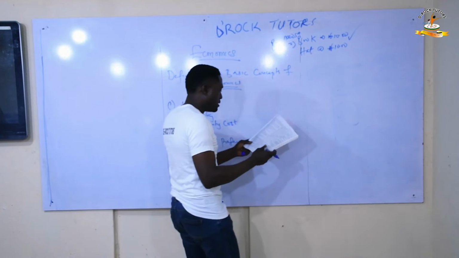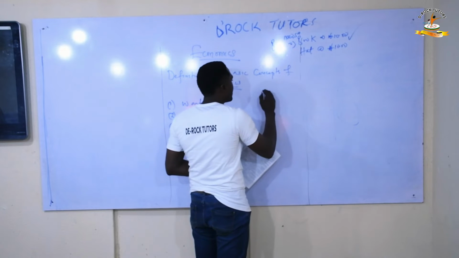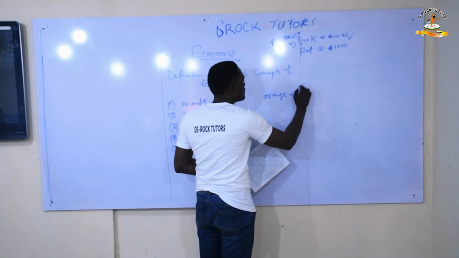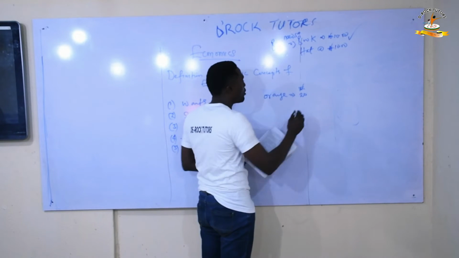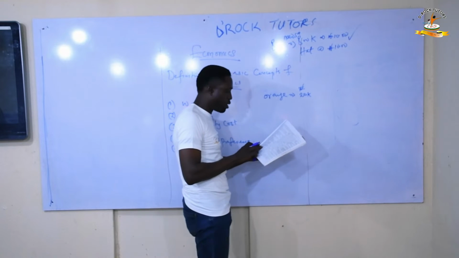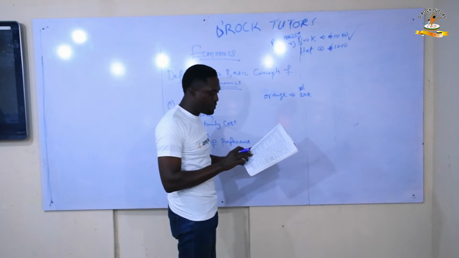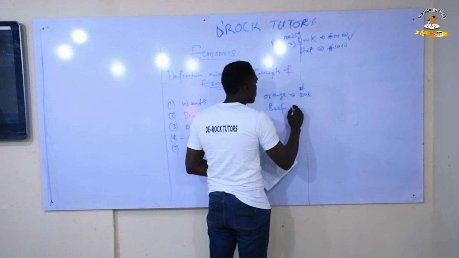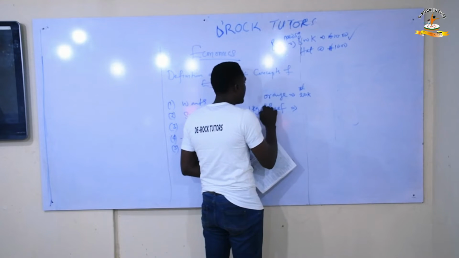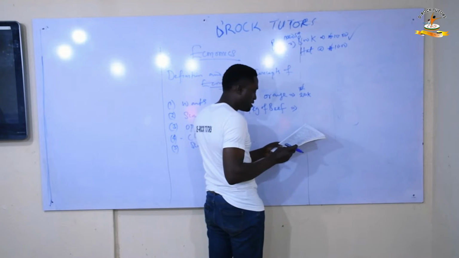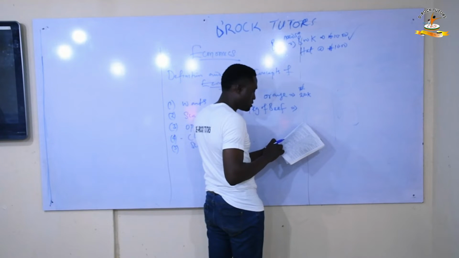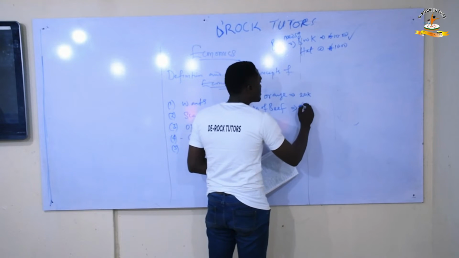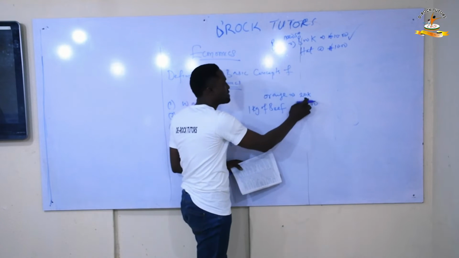They said if one orange costs 20 kobo, and 1 kg of beef costs 10 naira. You know that 20 kobo is less than 10 naira.